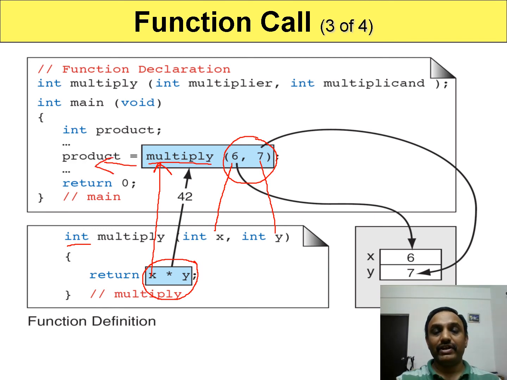Like that, when you call one function, control goes to the function definition. After execution of the function definition, it returns a value. That value comes to the function calling place. If that function definition is not returning any value, anyhow it returns control to the function calling place.